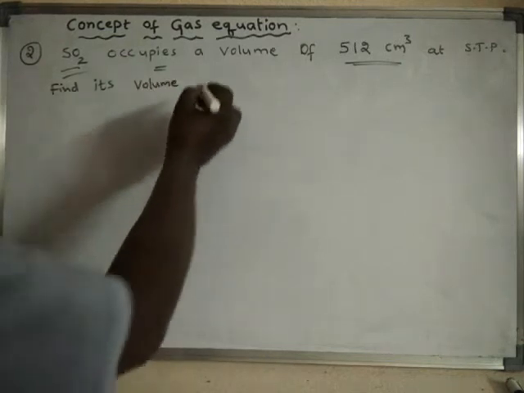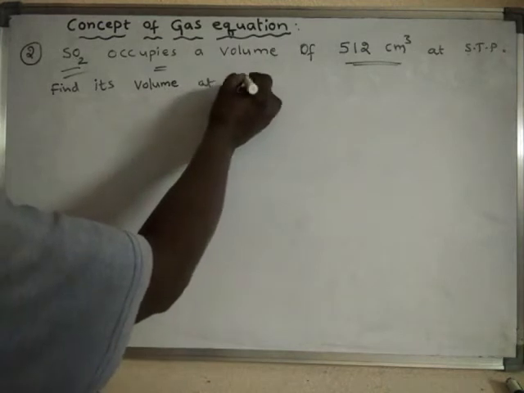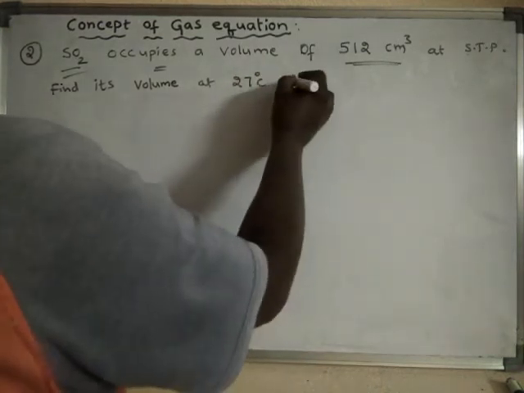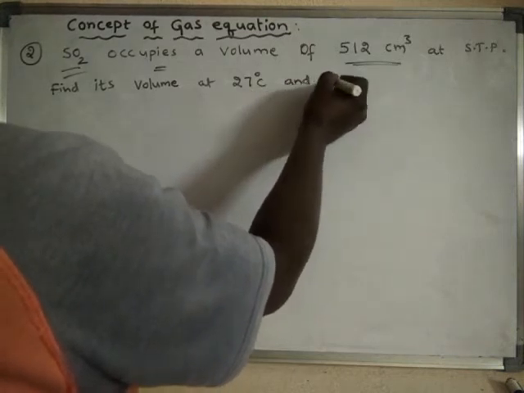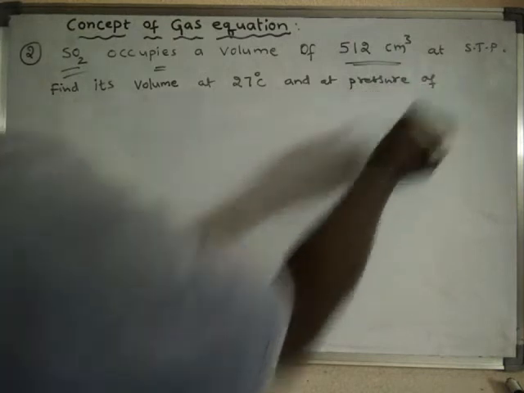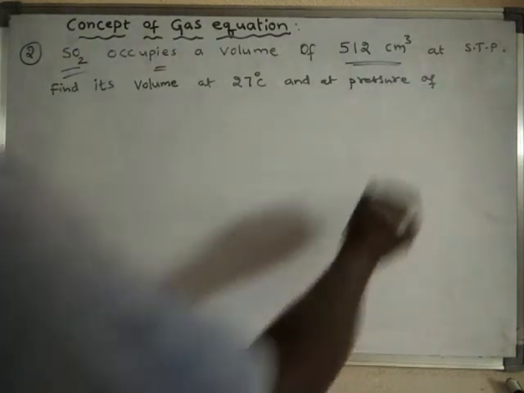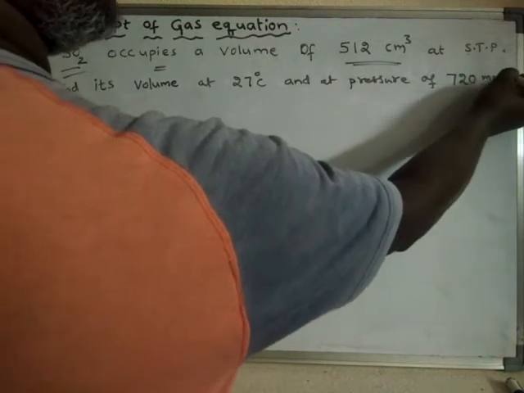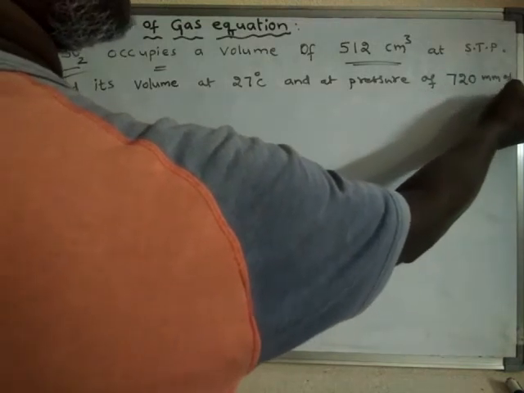Find its volume when the temperature is 27 degrees centigrade and the pressure is 720 millimeters of mercury.